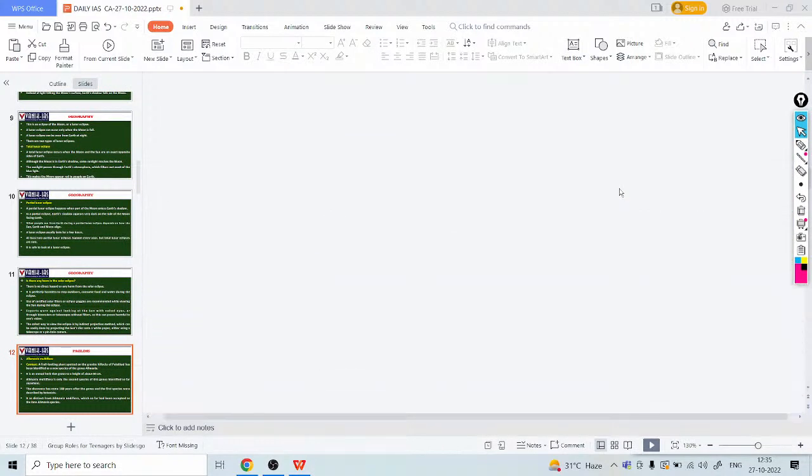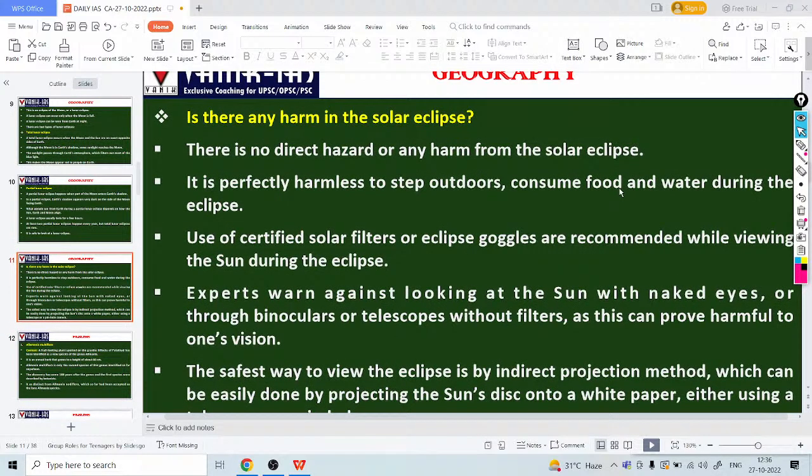Recently, there was a controversy when the eclipse took place. Astronomers say restrictions should be there. The scientific community objected to this.